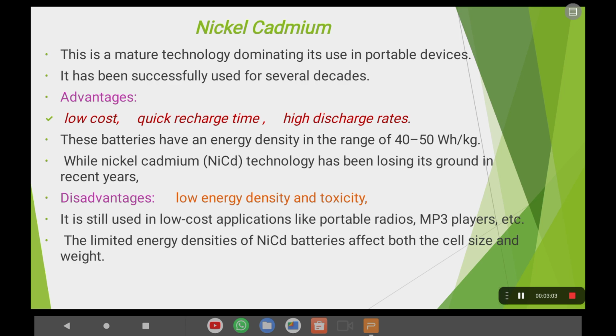If the size of the device increases, the customer cannot feel comfortable handling it if it is very bulky. So this is also one of the limitations of nickel cadmium batteries.